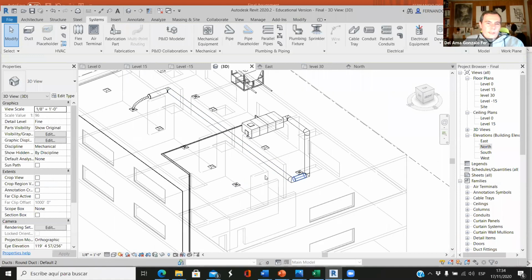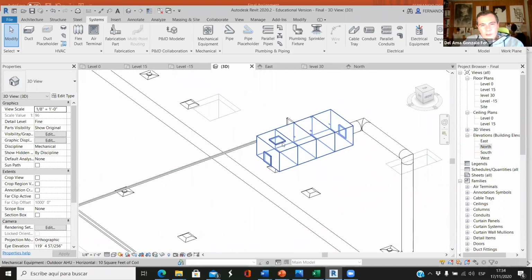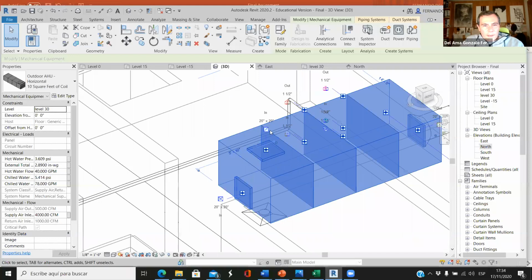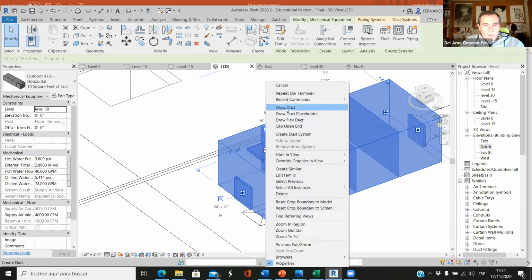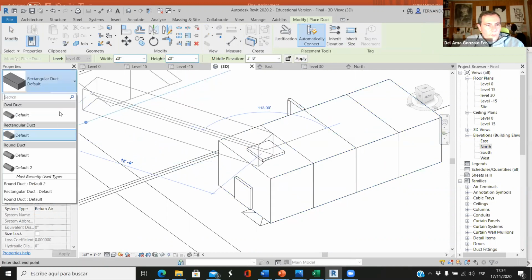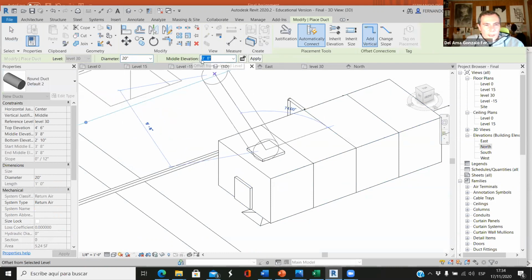Okay, so now we have to create another one, so it comes from this point. This is the inlet return. So we have to draw duct. I want the default round one. Change the elevation. Let's make it 6.